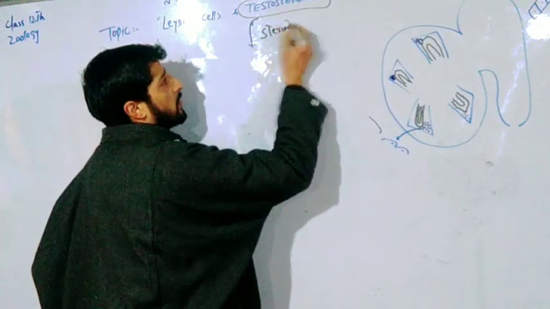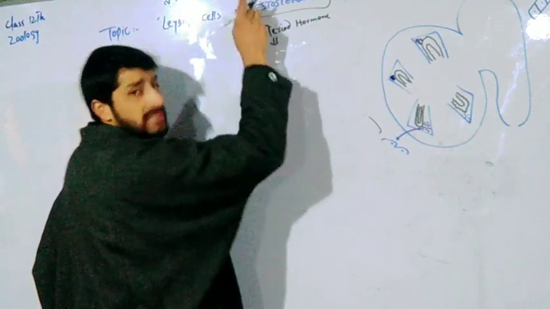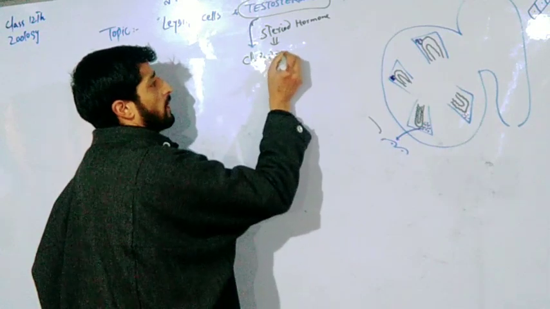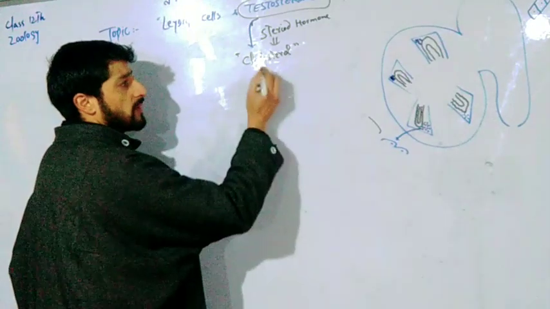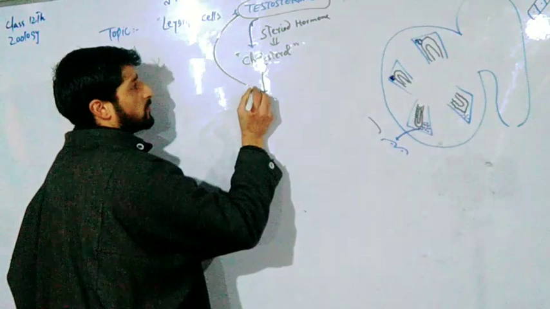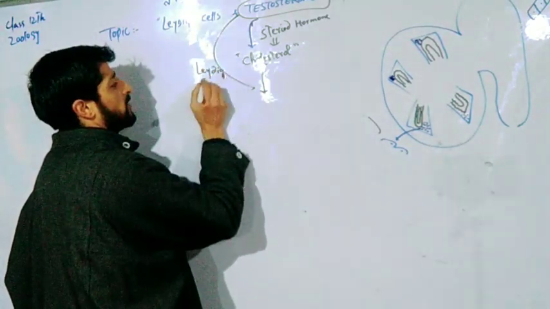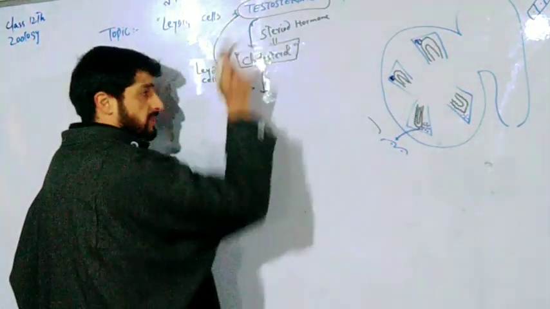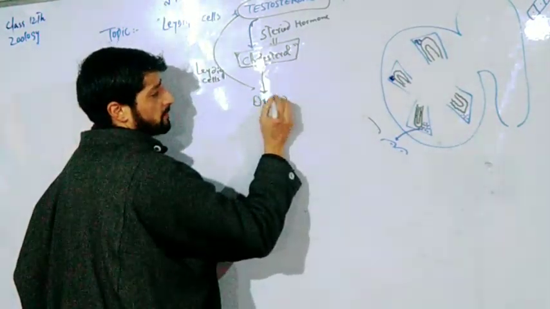When I say it is a steroid hormone, I mean it is formed from cholesterol. Testosterone is actually formed in Leydig cells from the precursor molecule called cholesterol. This testosterone hormone is then drained into blood.